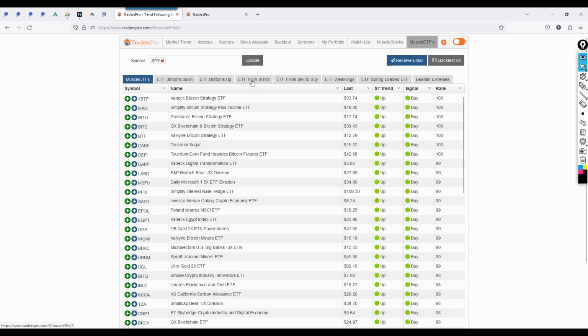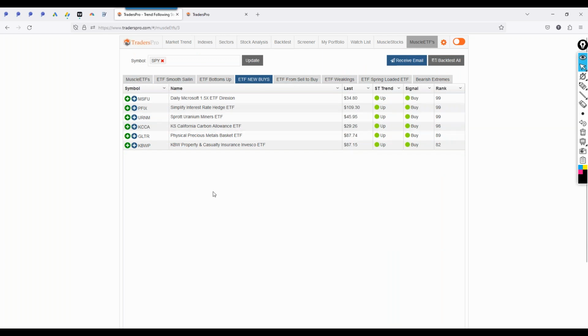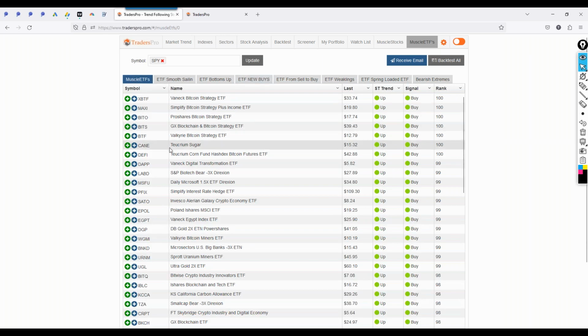Most of the time, this is going to pull all that to the surface. Even like uranium, PFIX, muscle stocks will kind of tell you what the current trends are. Interest rates, these are interesting too. We're seeing daily Microsoft and Tesla and a whole bunch of other leveraged ETFs.